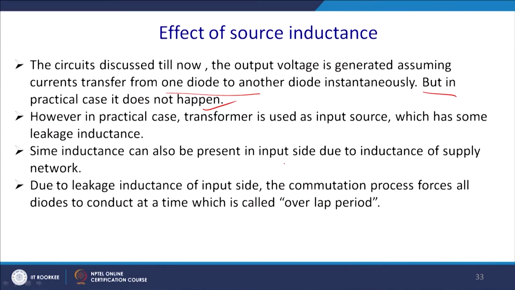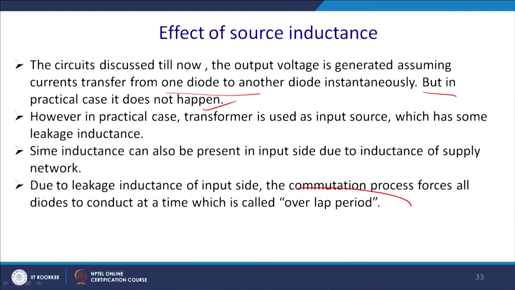Some inductance can also be present on the input side due to the inductance of the network. Mostly you will find leakage inductance, because you require a very special kind of transformer for 18 pulse as well as 24 pulse. Due to the leakage inductance of the input side, during the commutation process all the diodes conduct at a time, which is called the overlapping angle.